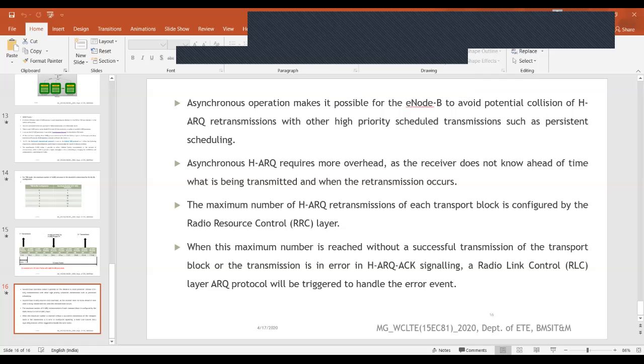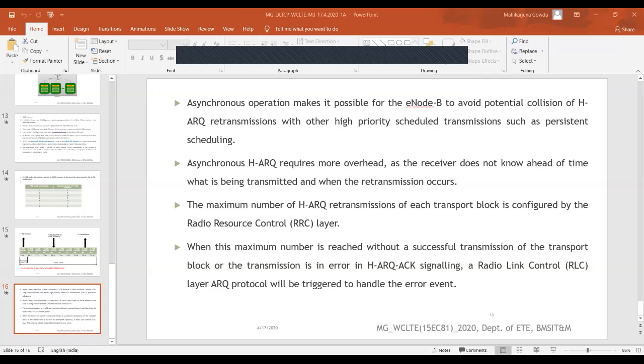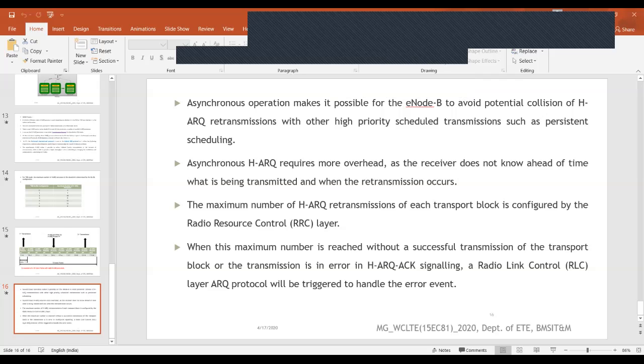The maximum number of hybrid ARQ transmissions of each transport block is configured by the RRC layer. As I said, in case of asynchronous FDD mode, the maximum number of hybrid ARQ retransmissions used is 8, right? And it is different for TDD mode. That depends on uplink downlink configuration, as I gave in this table.